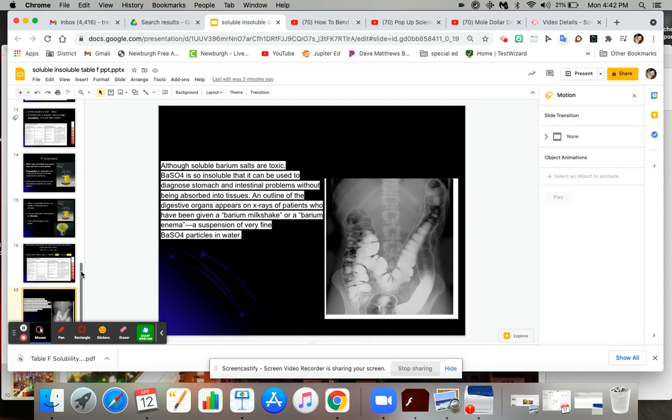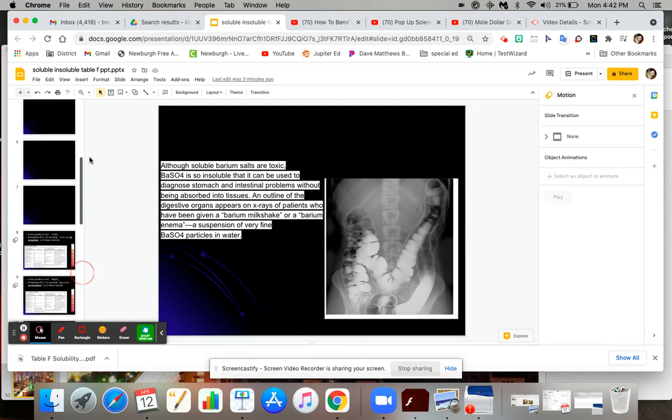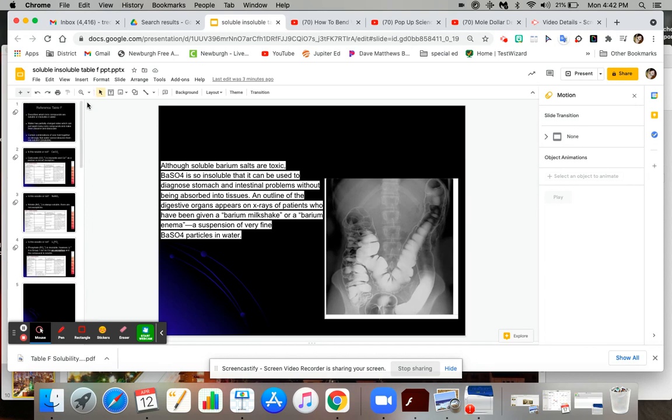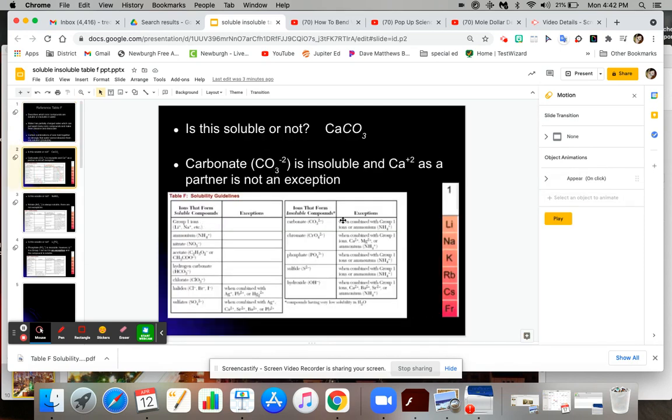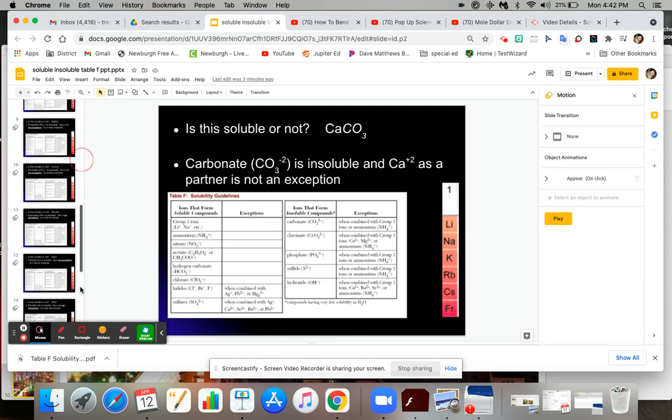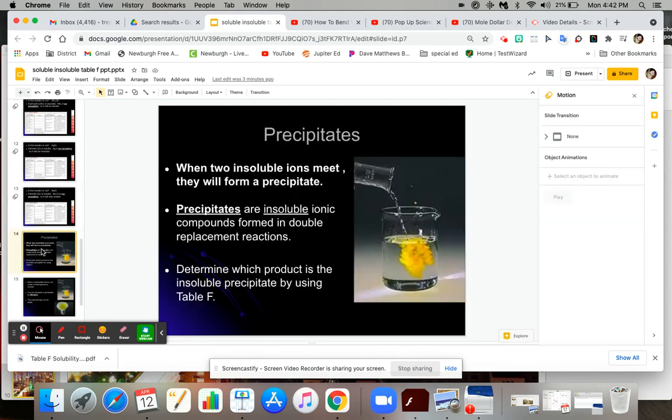Okay, so let's go through, just review what we've learned today. We've learned about water being partially charged and able to pull apart some ions, not all. If it's ionic, we can take a look at our table F and be able to make predictions of which things will be soluble and which things will be insoluble. We've learned that things that are insoluble precipitate.